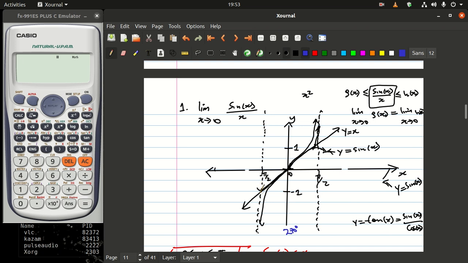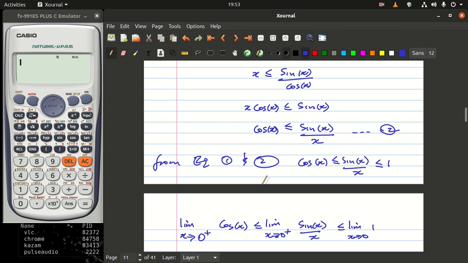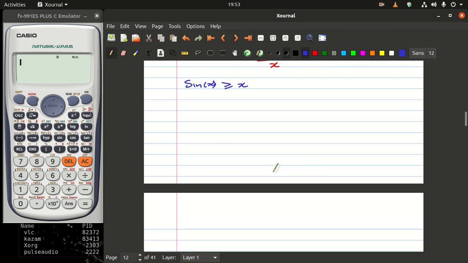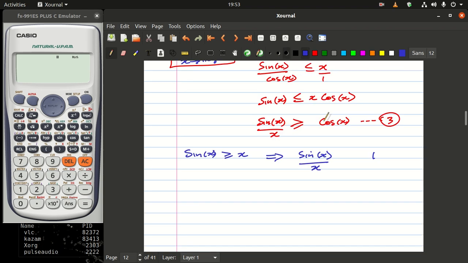It is above this function y is equal to x. So sine is bigger than it. Now I divide this whole thing by x, and that side will end up having a 1 if I'm dividing x by x. So I end up having a 1.